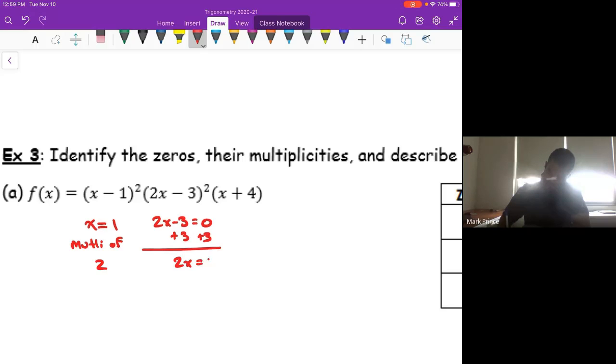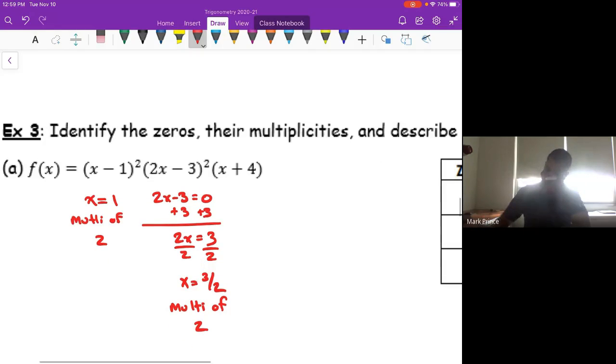Get 2x equals 3. Divide by 2. I get x equals 3/2. And since that's quantity squared, that means we have a multiplicity of 2. And then you've got the x plus 4, which ends up being x equals -4 with a multiplicity of 1. So everything I just wrote, basically we're going to translate to the table.